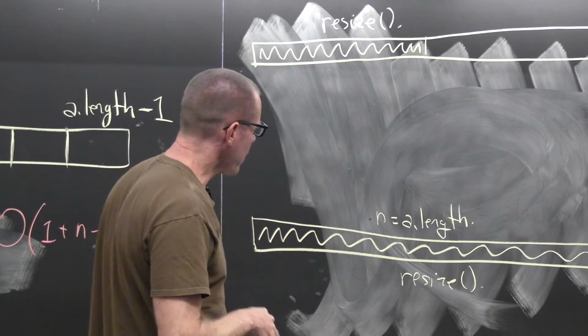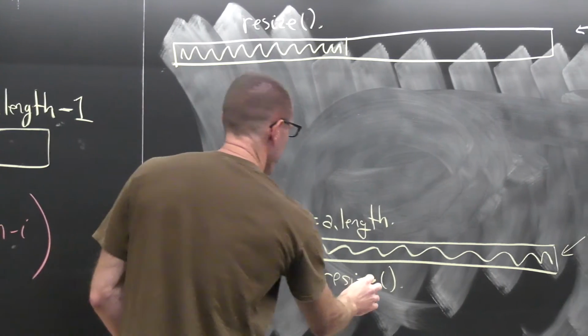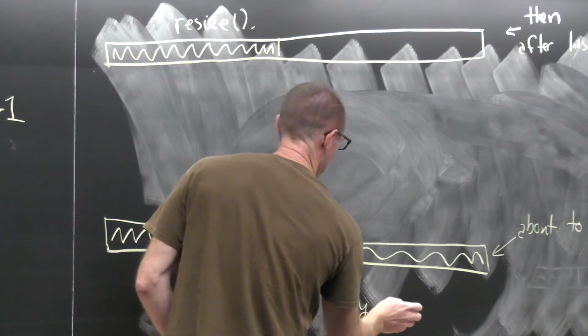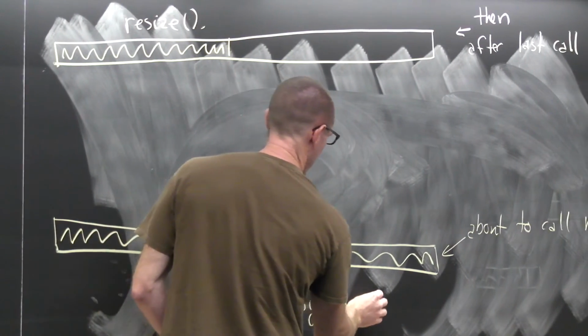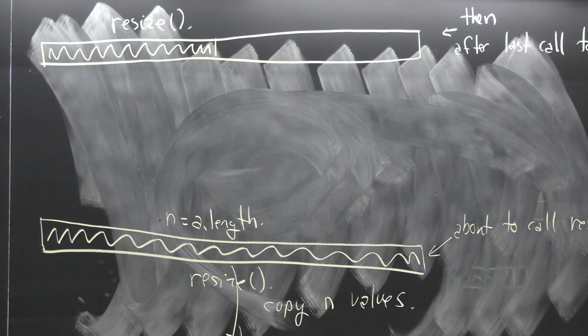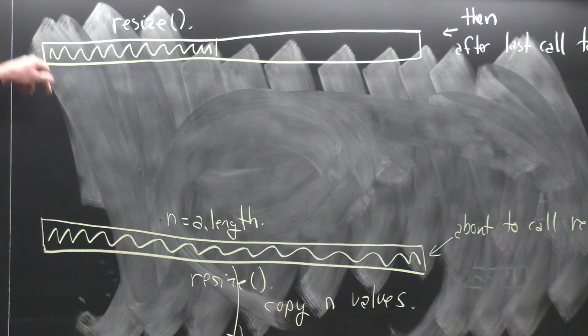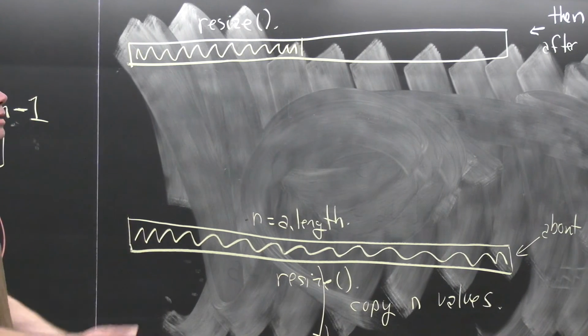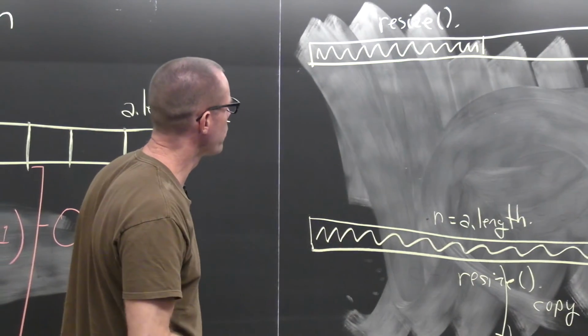And so what we're about to do is this resize operation, and that is going to copy n values. Now, I'm worried that this happens too often. That's when it's going to get expensive. If this happens all the time, it's going to cost us too much.